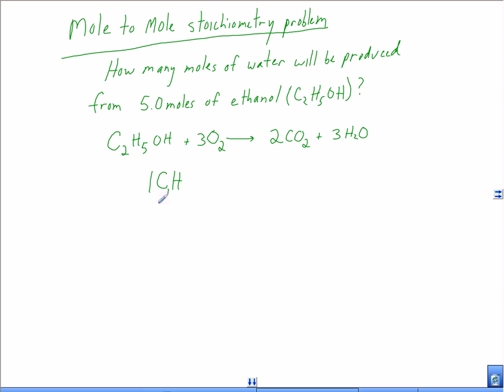And I know from the reaction that the ratio of ethanol to water is 1 to 3. So for every 1 mole of ethanol reacted or combusted, I get 3 moles of water.